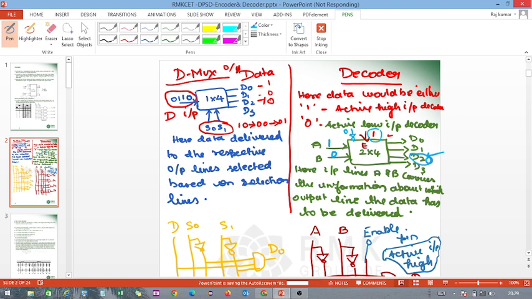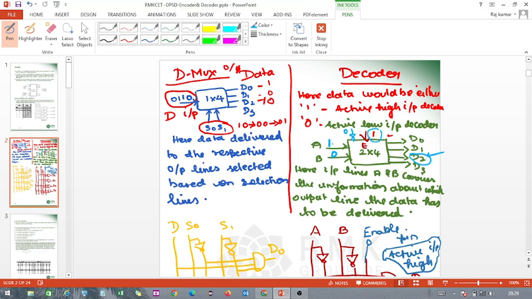Here you are providing the information about whom you have to deliver to, in the form of binary at the input lines of your decoder. So the decoder is the one which deals with the input and output of the information: carried by which line, to which line I have to deliver.